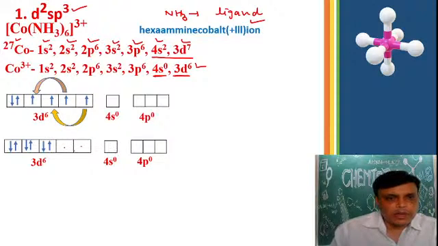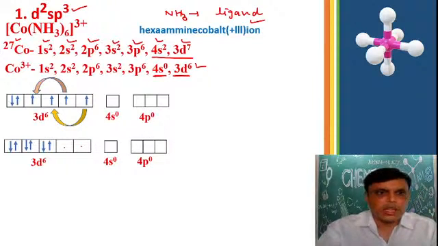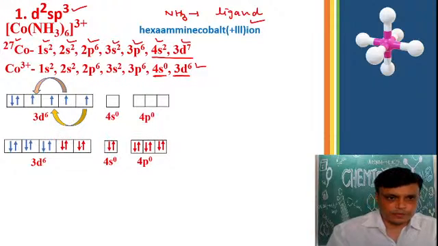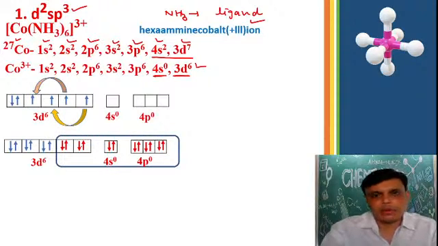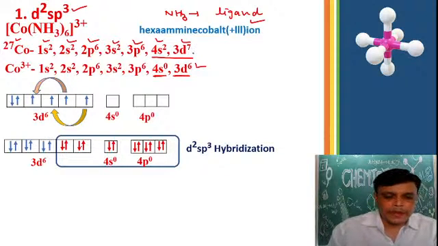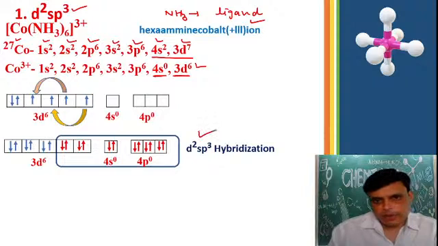Now total how many orbitals? 1 2 3 4 5 6, 6 orbitals, 6 coordination number, 12 electrons we have to fill, so we are filling these 12 electrons now. After this filling of 12 electrons from ligands, these orbitals will undergo hybridization and will give you d2sp3 hybridization.